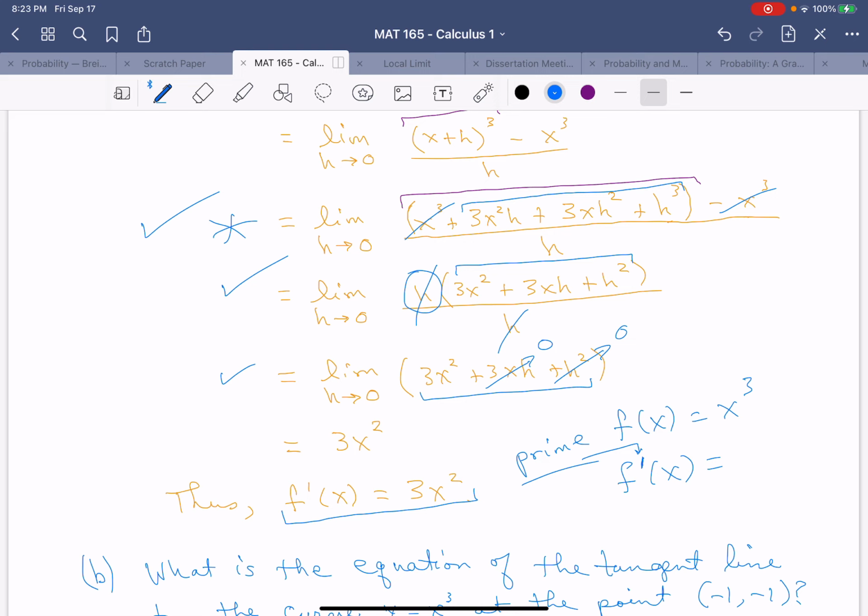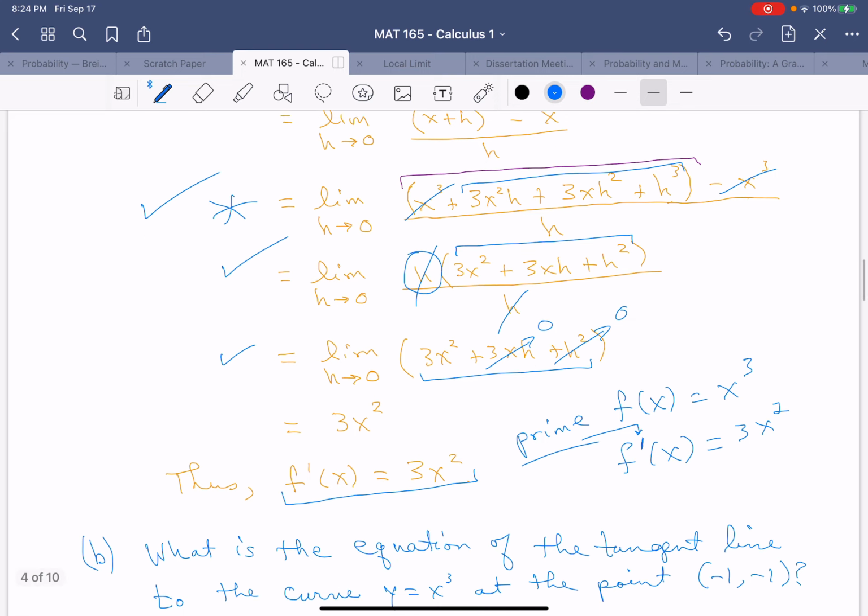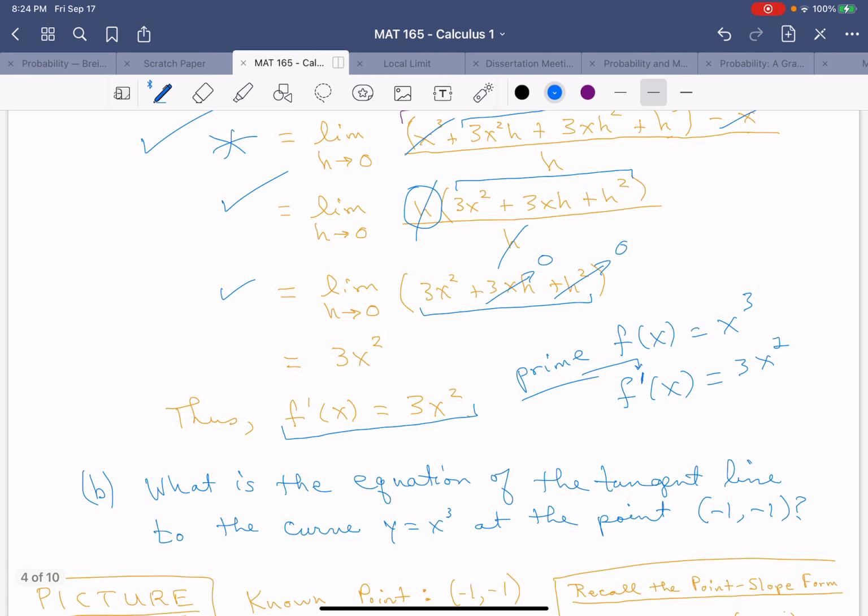And so the first derivative of x to the third, we've just shown, is 3x squared. Okay, and so remember that in the definition, what the derivative is going to tell us about is the slope of tangent lines. And so that's going to show up in part B.